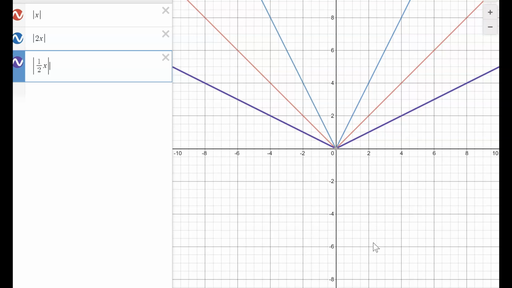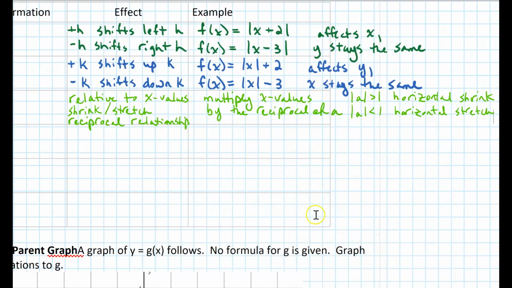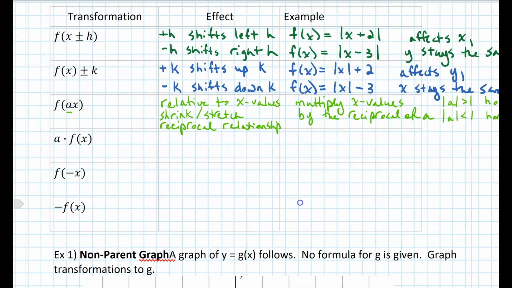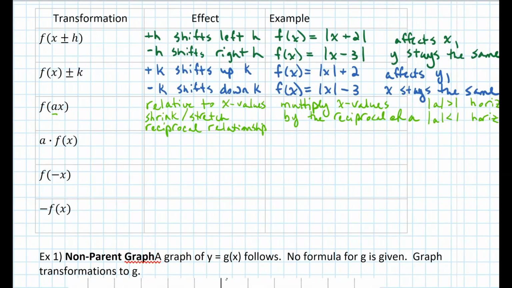But on vertical, it's the opposite. On the vertical, oh, the vertical stretch and shrink. Yeah, so it's different. Well, the effect is the same, but we're going to refer to them differently. Okay, so this time A is on the outside, so this is relative to the y-axis. The y values. Okay, and again, you get a stretch or shrink.